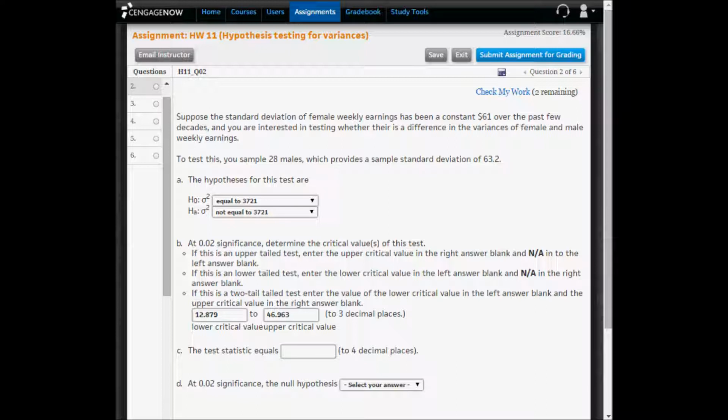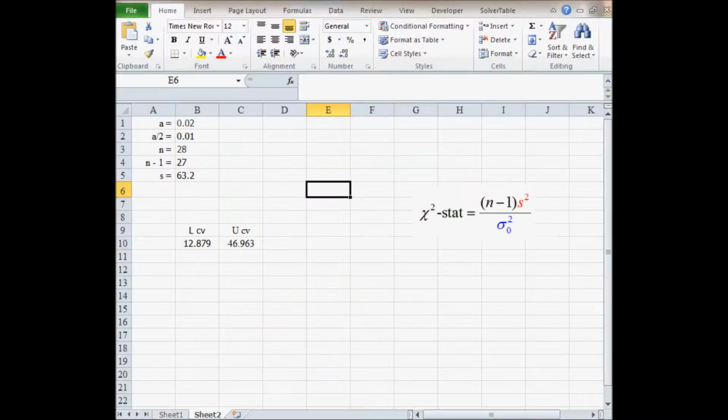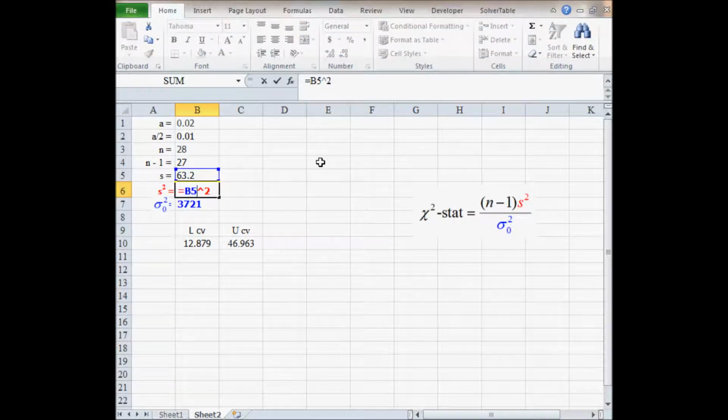In part C, we have to compute the test statistic to 4 decimal places. So I'm going to open Excel back up. Notice the test statistic is the degrees of freedom times the sample variance divided by the hypothesized value. Remember that sample variance is the square of the sample standard deviation, and the hypothesized variance here is the square of the assumed value of the female standard deviation, 61.